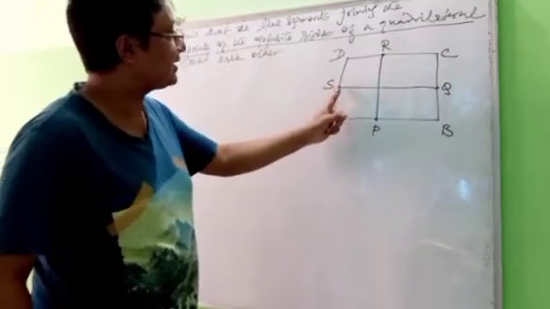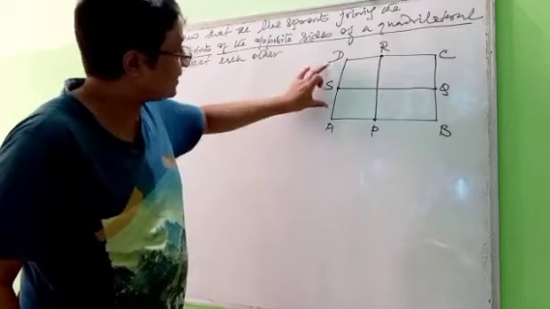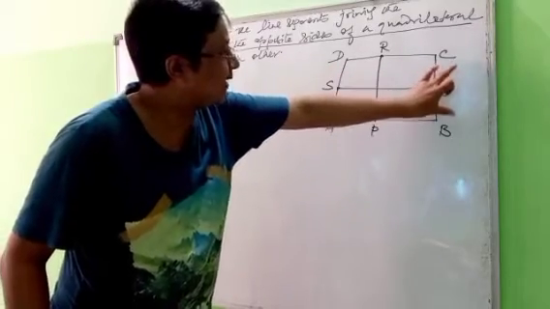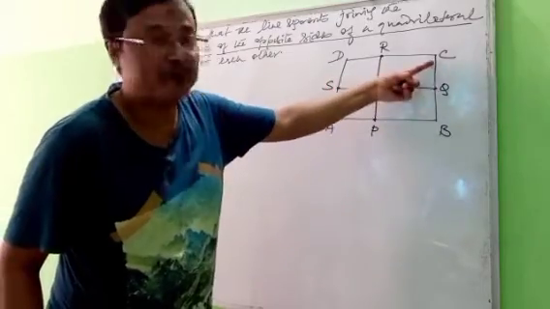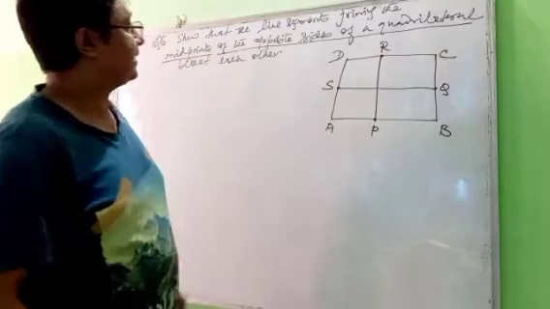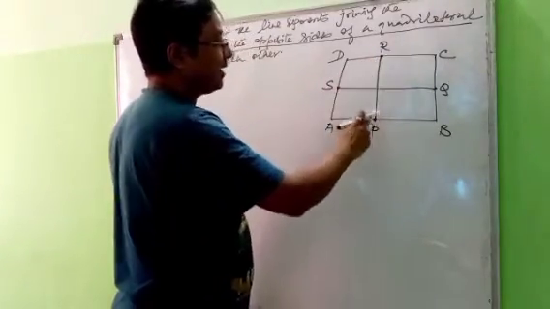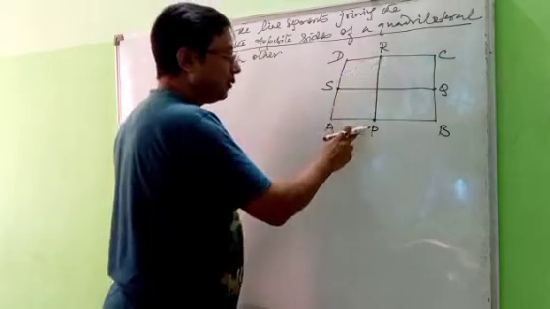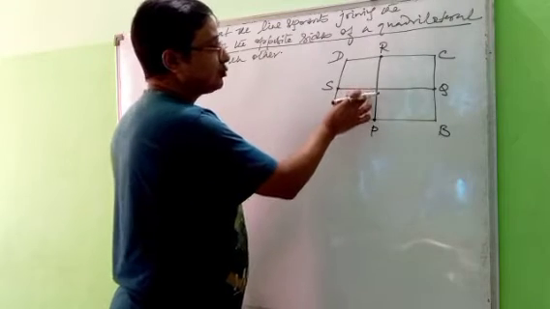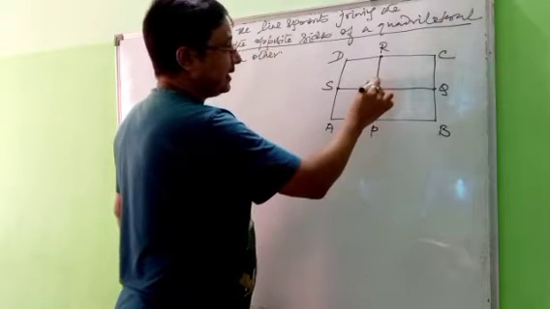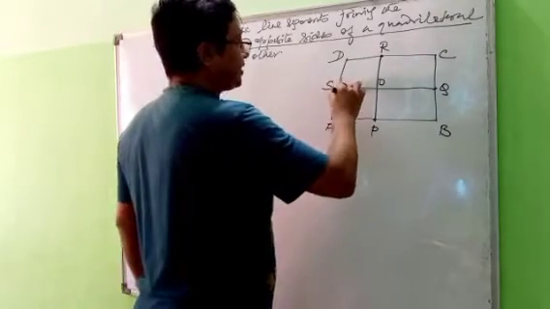Secondly, you get the line segment SQ by joining the midpoints of the other opposite sides, where S is the midpoint of DA and Q is the midpoint of BC. Now they have said that the line segments RP and SQ, joined through the midpoints of the opposite sides, should bisect each other. That means these two segments must be equal. Say this point is O. Now we will join these points.